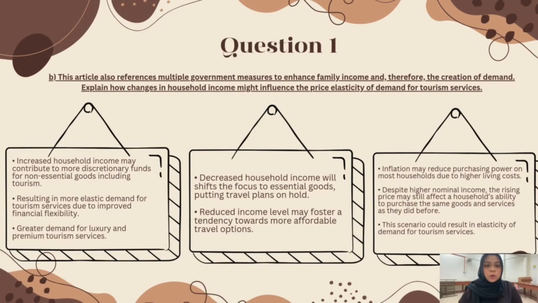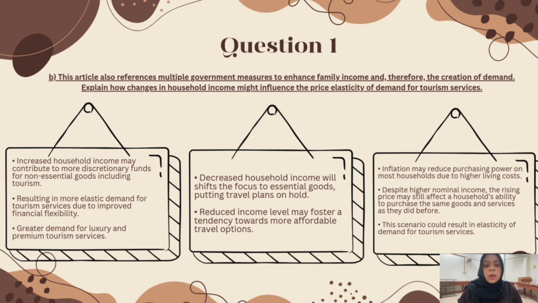Changes in household income may definitely affect the price elasticity of demand in many ways, especially towards tourism. Now, why do I say this? First, when the income increases in the household, consumers will gain more access to discretionary funds, which most likely will be spent on non-essential goods and services.